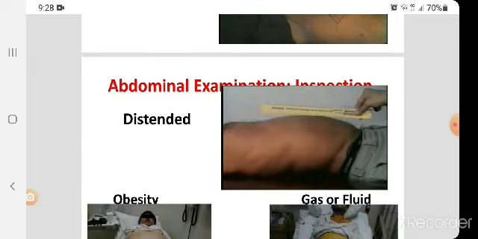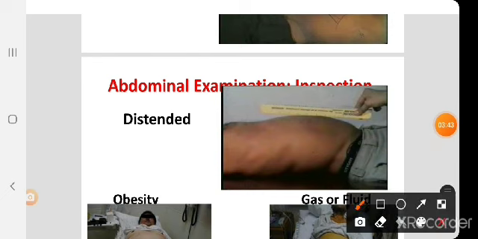You look at this and you can see the ruler here. You can see the abdomen is convex. The ruler is touching here only at this point, and at these points the ruler does not touch. The ruler does not touch the abdomen because the abdomen is convex outwards, and this is distended abdomen.